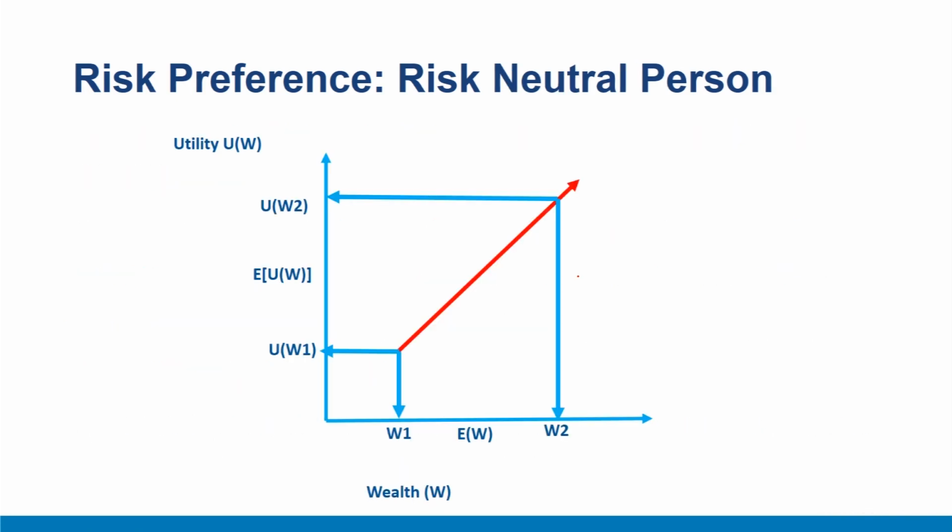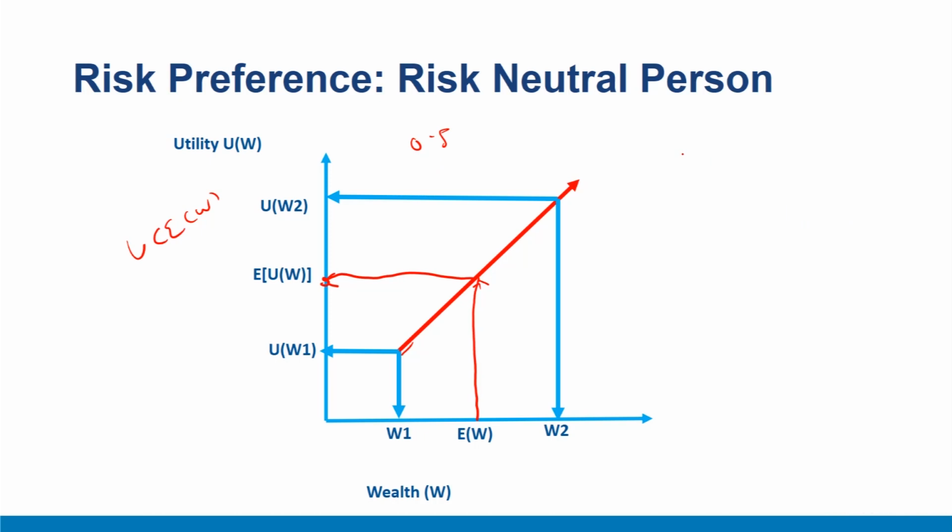Now look at this diagram, and we can derive the implications for a risk neutral person in a similar manner. For this person, the expected value of wealth, which is this, is exactly midway, and if I drop the perpendicular here, the expected utility of wealth will be here. If I compute the utility of expected wealth, please notice, because of the nature of this utility curve, it will also fall exactly here, because we assume that there are 50-50% probabilities of getting the outcomes W1 and W2.